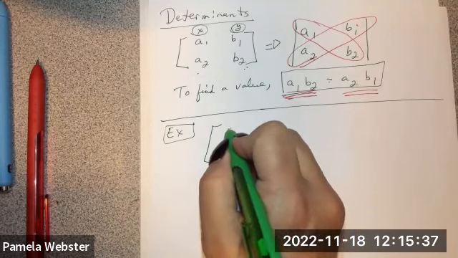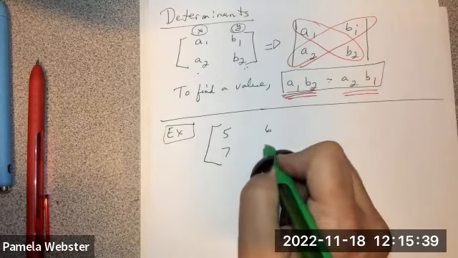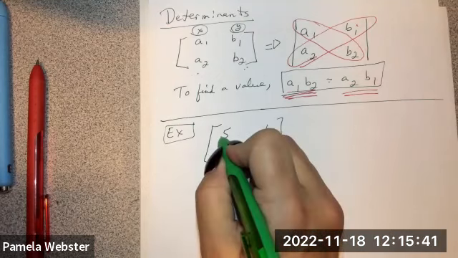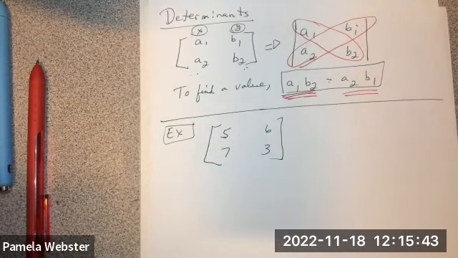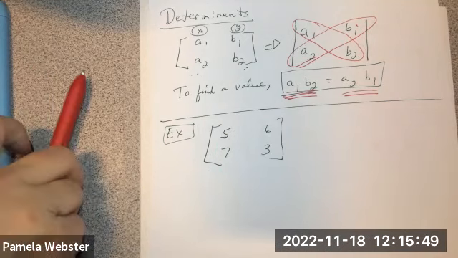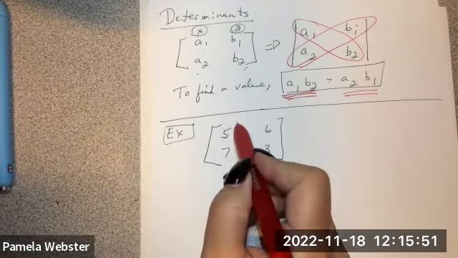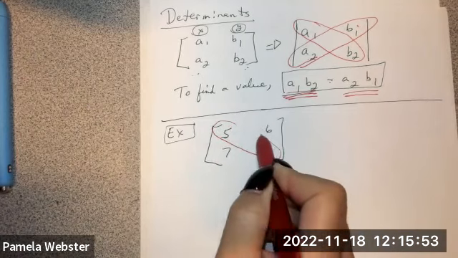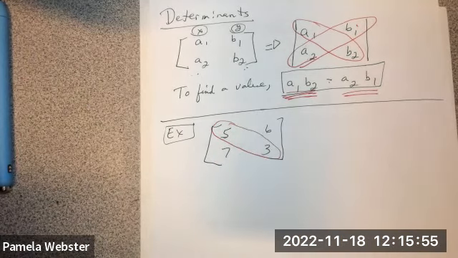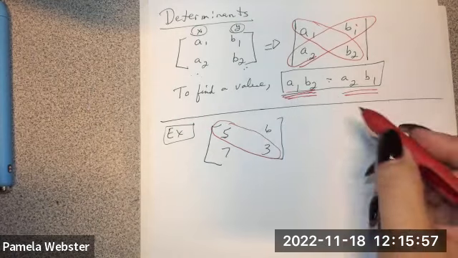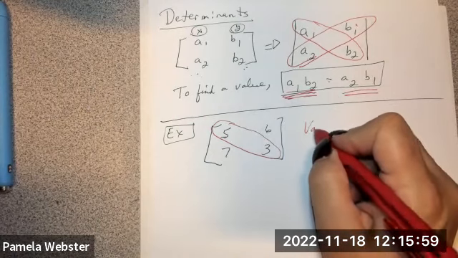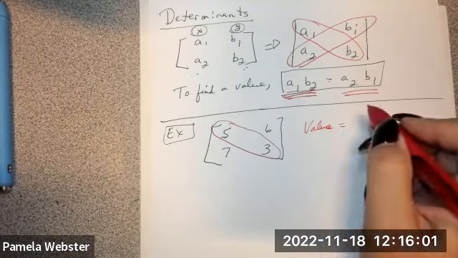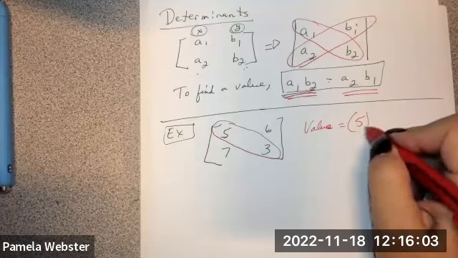We start with this matrix 5, 6, 7, 3. The top row is a 5 and a 6, and the second row is a 7 and a 3. You don't even have to memorize which one's the A's and which one's the B's. You just have to know, start top left and do this diagonal, meaning we multiply. So the value for this guy is 5 times 3.